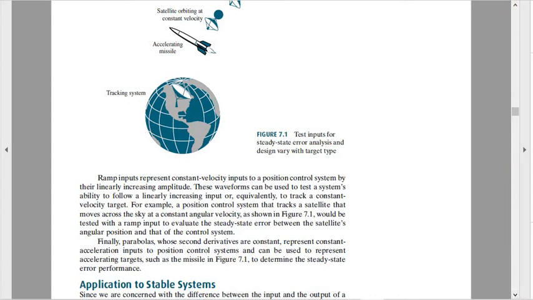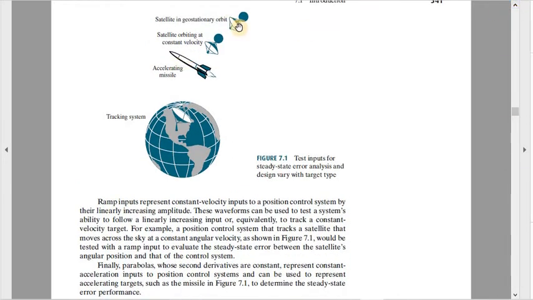Now this is an example shown in a figure where we have a satellite and we want to move it into a different orbital position. The test input for steady state error analysis and design varies with the target type. Either we have an orbit with a satellite, or we have a missile tracking something, so it can vary.